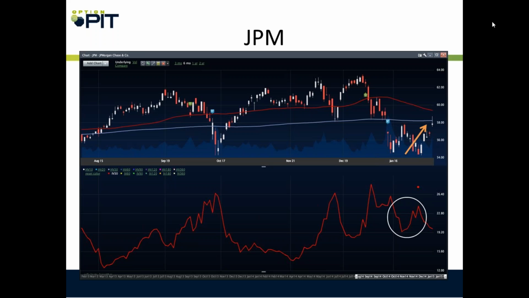So here's JP Morgan. And you can see the volatility in and around here. This is implied volatility. So this is kind of like how much the market is guessing JP Morgan's going to move. And you can see right here it's kind of high. And you can see JP Morgan right here. So what makes more sense here?